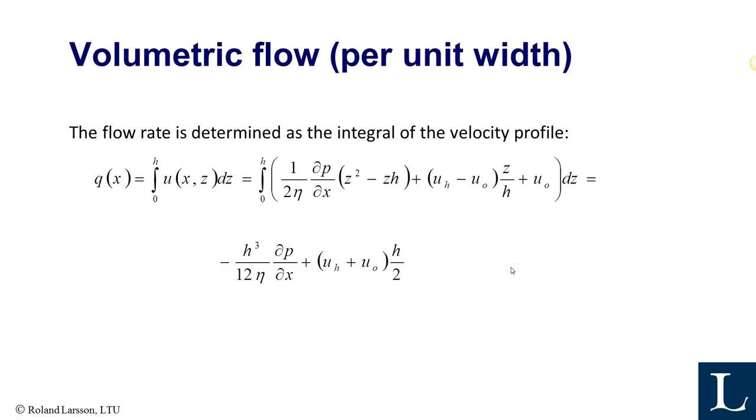Okay, now we have the continuity equation, but that is for the flow. And the flow can easily be found if we know the velocity profile. So the velocity is u(x,z), and we just integrate it over the z direction across the film, and we get the flow. So we just enter the relationship for velocity here, do some integration between 0 and h, and you end up with a nice expression like this.